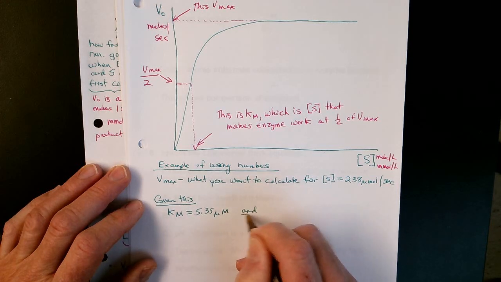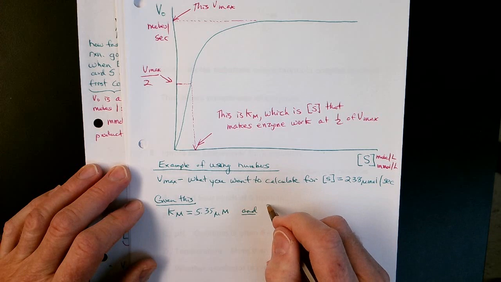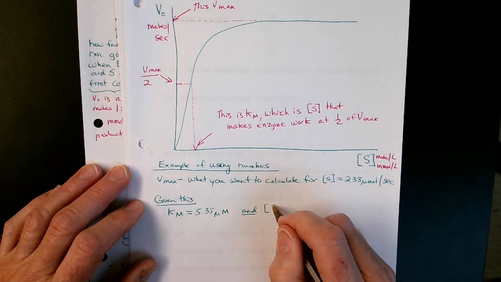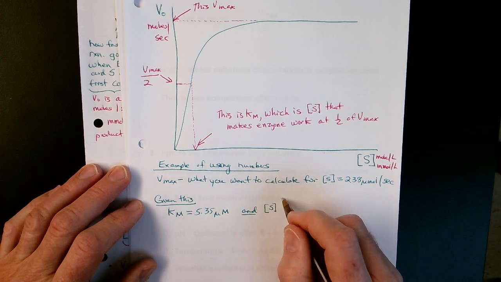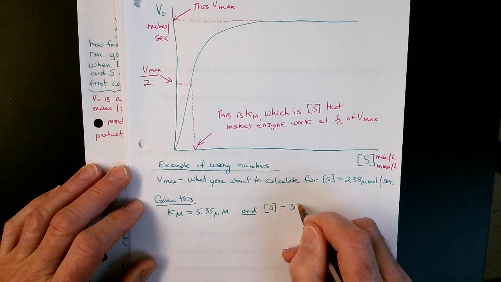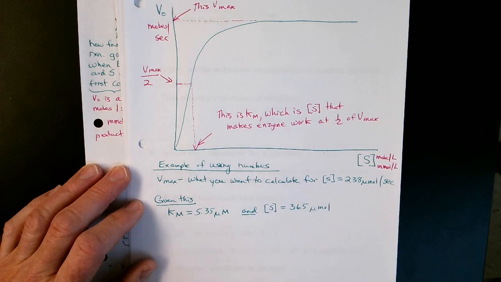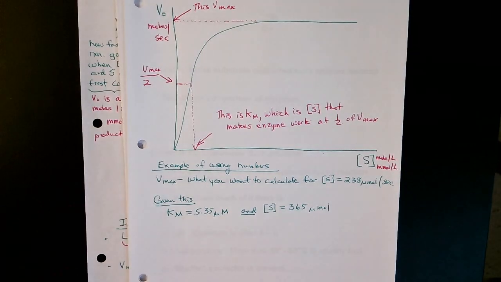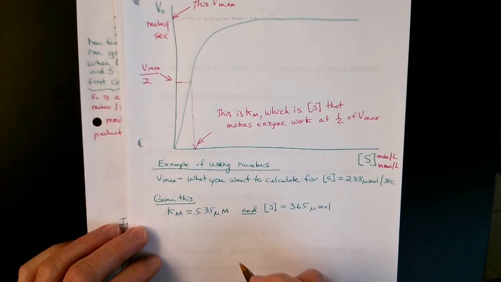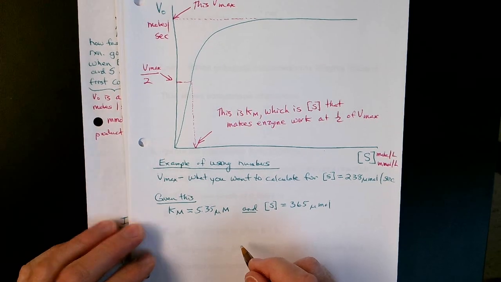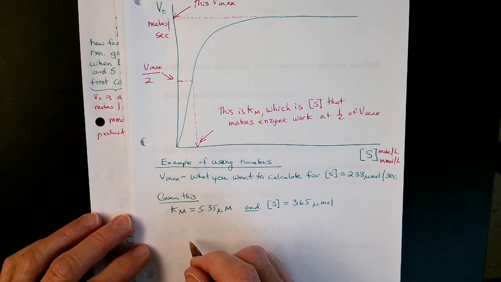You're also given that the substrate concentration is equal to 3.65 micromolar. And let's have you calculate V0.